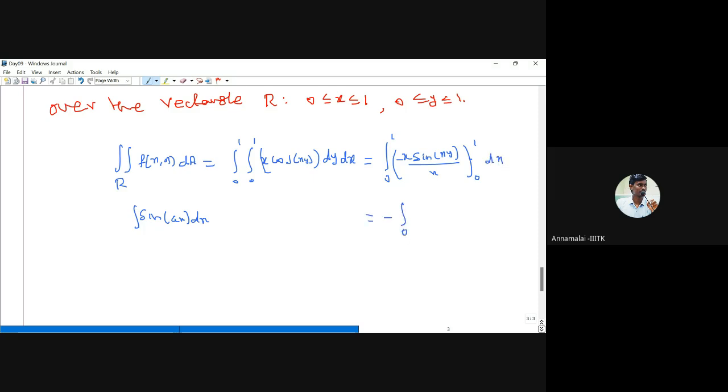So integration 0 to 1. If 1 is the upper limit, we get sin x, sin 0 is 0, dx. So again, if we integrate sin, the integration of sin is minus cos. So therefore, minus cos x from 0 to 1.